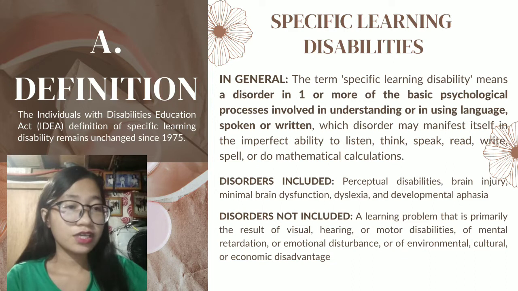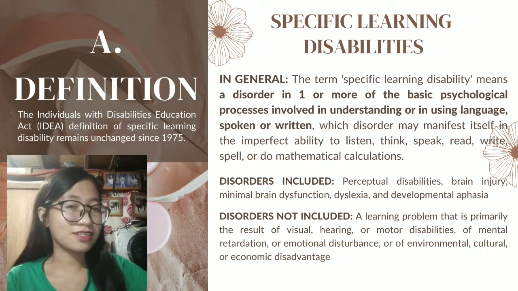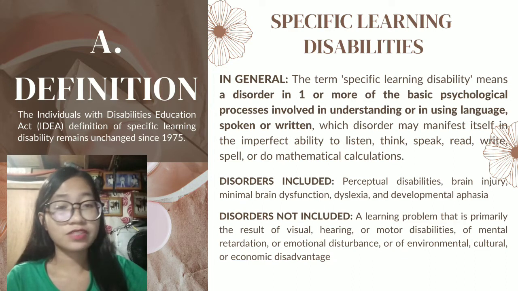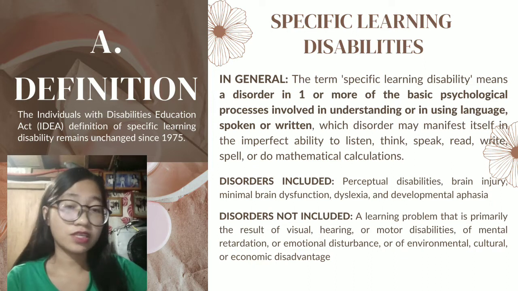So here we have disorders included in the SLDs because there are disorders that are not included also. For the included ones, first we have the perceptual disabilities. These are difficulties in processing sensory information, then brain injury.